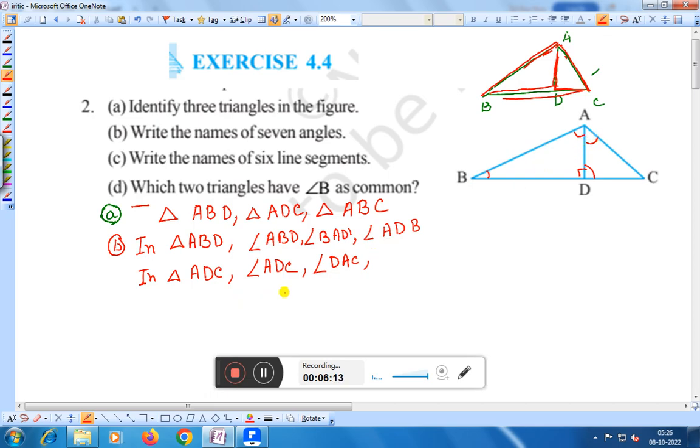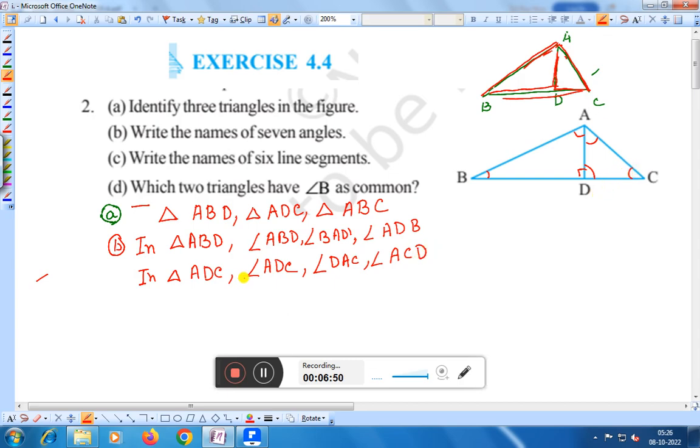And angle ACD, A, C and D. ACD is this angle, you see this one.